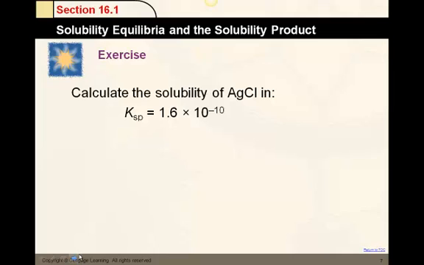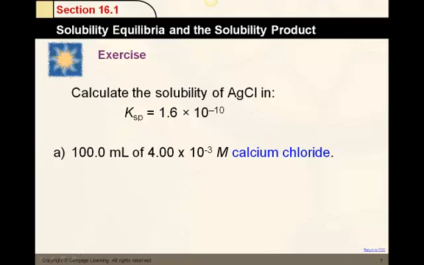Alright, now we want to calculate the solubility of AgCl in 100 milliliters of 4 times 10 to the negative 3 molar calcium chloride. So how would that work? Well, we know that silver chloride, AgCl, has the concentration of silver ions and chloride ions of 1.3 times 10 to the negative 5 molar, which is what I found in an earlier slide.